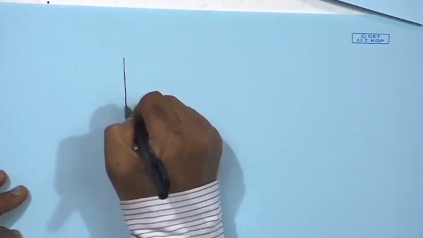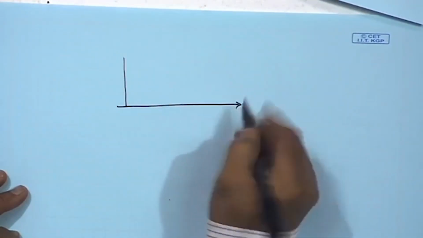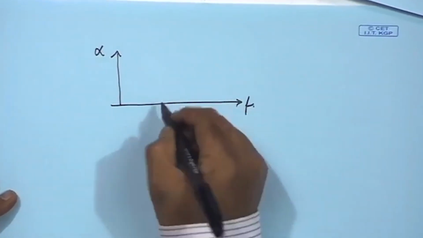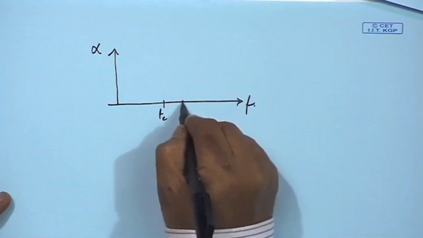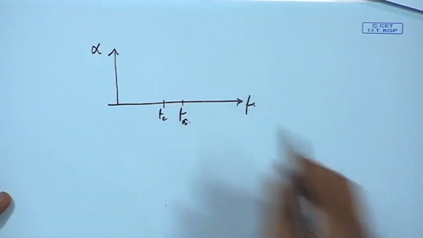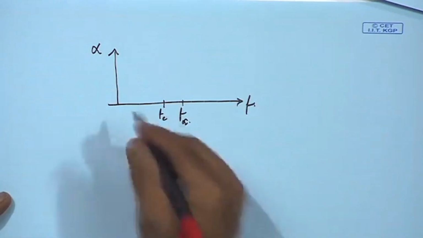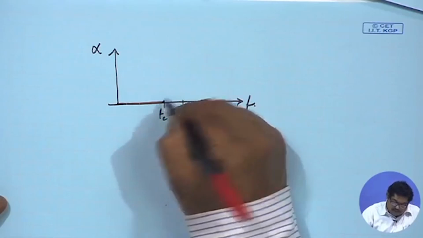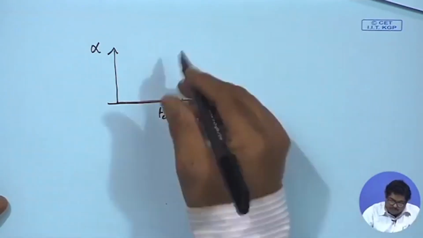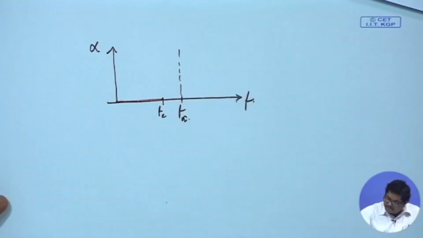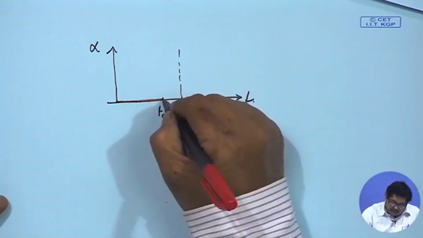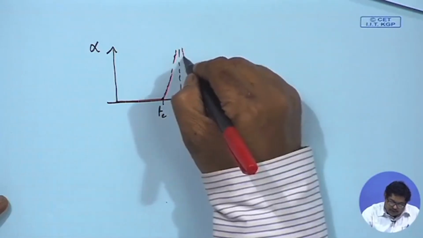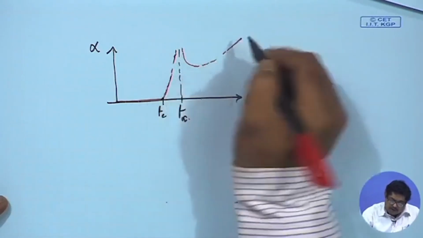So, I get an attenuation constant frequency response that, let me mark f c, let me mark f infinity, and it is this, then it goes almost like this, then it comes and then goes like this.